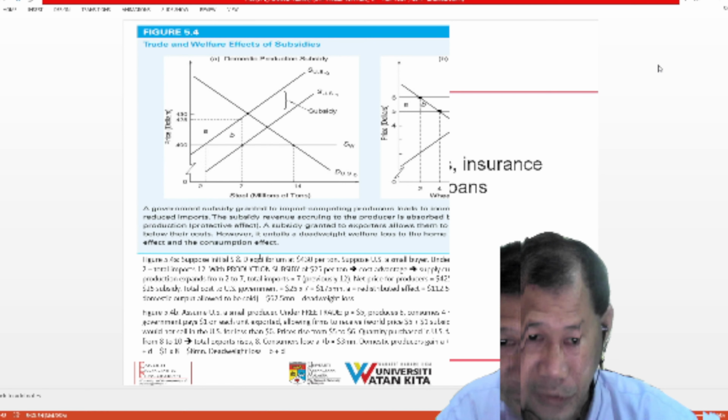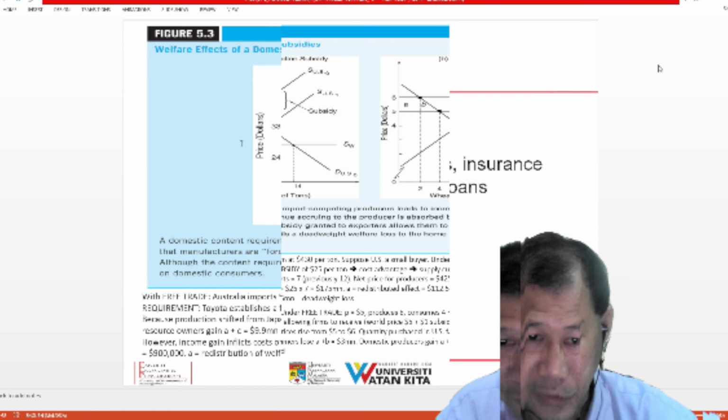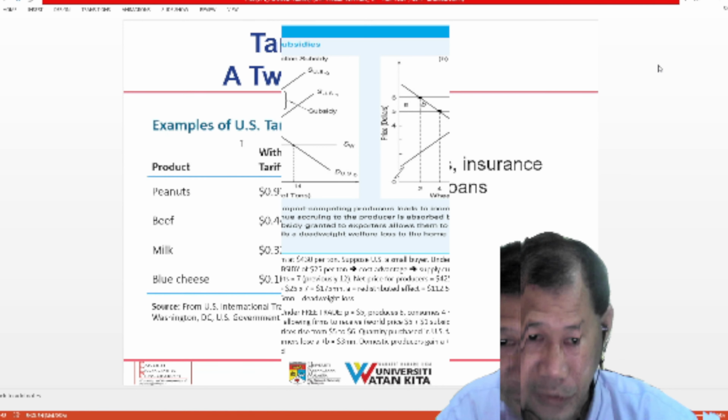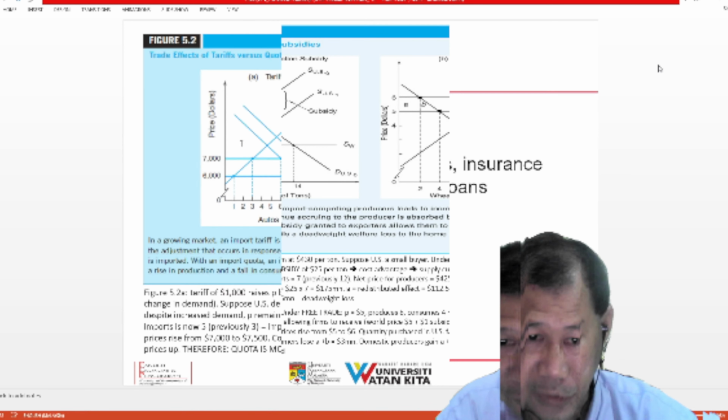Why? Let me show you why. Only one dead weight loss. One dead weight loss. Here, B. Compared with tariff or quota, there are 2 dead weight loss. Here. Here. And here.